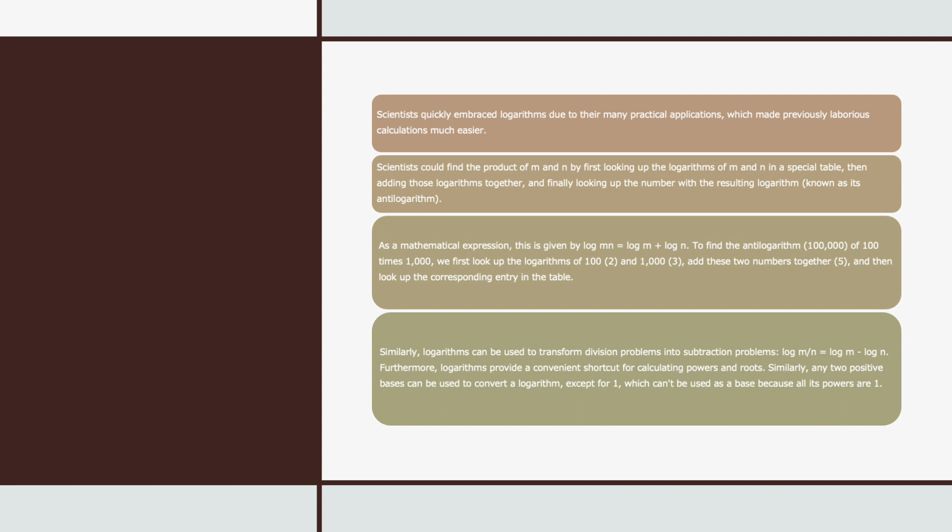Scientists quickly embraced logarithms due to their many practical applications, which made previously laborious calculations much easier. Scientists could find the product of m and n by first looking up the logarithms of m and n in a special table, then adding those logarithms together, and finally looking up the number with the resulting logarithm, known as its anti-logarithm. As a mathematical expression, this is given by log mn equals log m plus log n.